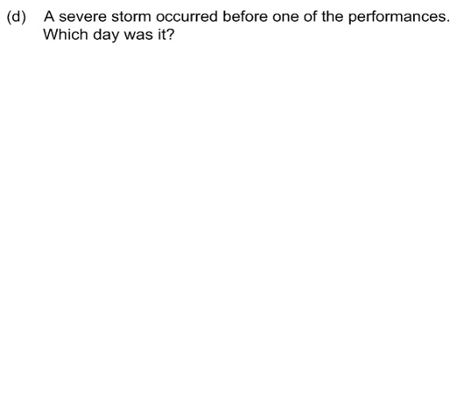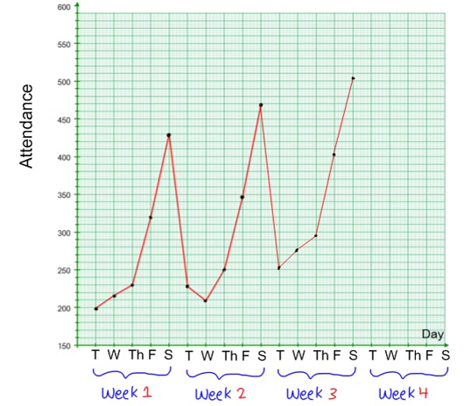A severe storm occurred before one of the performances. Which day was it? So if a severe storm occurred, then you would expect attendance to be lower than expected. So going back to our graph, week 1, if you look at the attendance, it's increasing day after day, and it peaks on Saturday, Tuesday being the lowest.